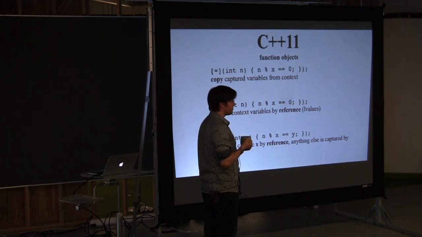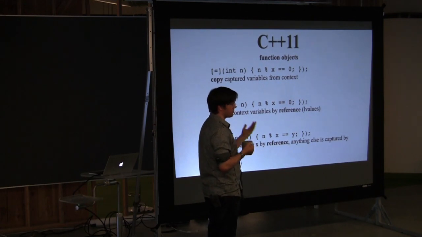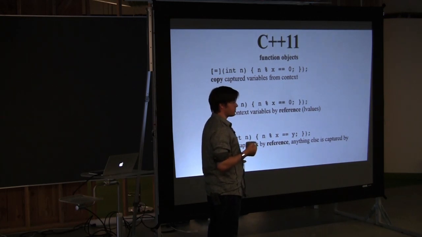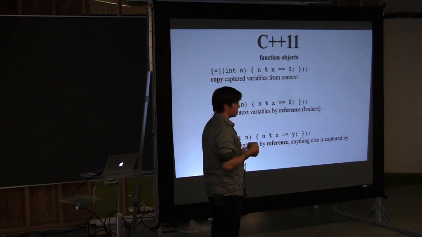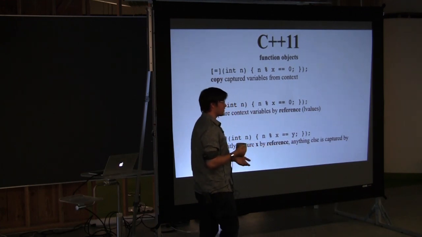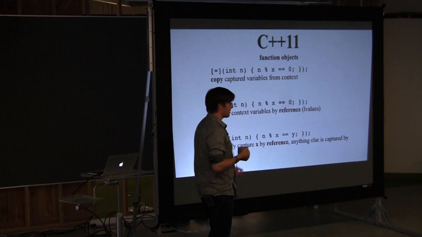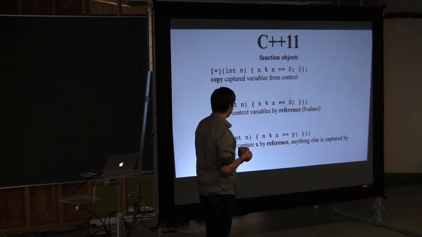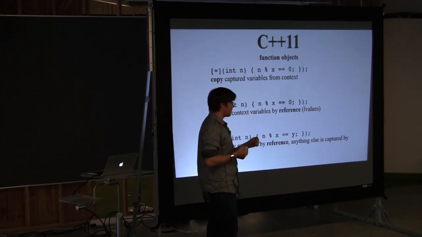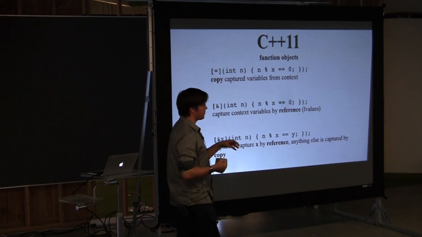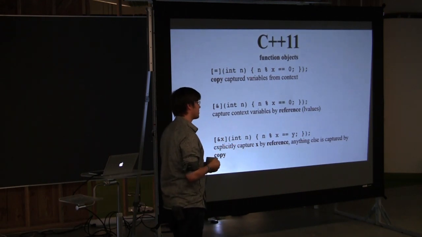I can only understand how it works by assuming that it's when you instantiate it. Because if you don't instantiate it, you can return it, and the values that you captured might not exist anymore. Obviously you can capture those by reference, and then you get screwed when you actually end up calling it. But I'm fairly certain that you capture by value. That means when you instantiate the function object, that's when they're captured.